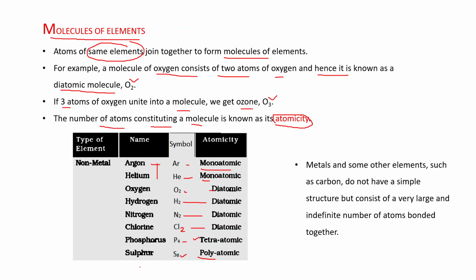But metals and some other elements such as carbon do not have a simple structure but consist of a very large and indefinite number of atoms bonded together. Clear?